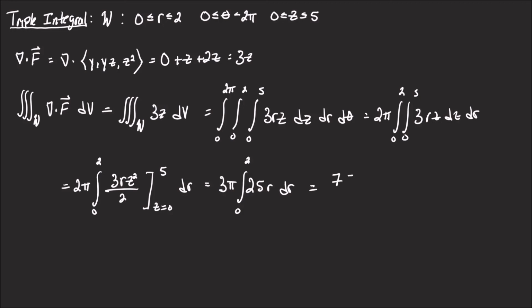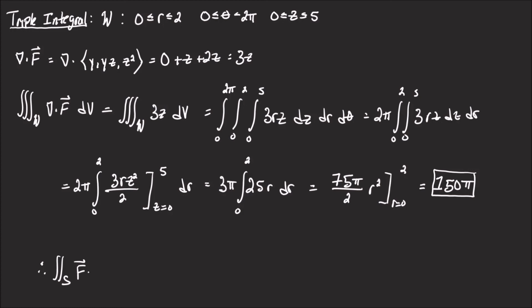This is 75 pi over 2 times r squared, r goes from 0 to 2. That becomes 75 pi times 2, which is 150 pi. And so what we have just shown is that this surface integral is equal to this triple integral, which is what we wanted to show. And so the verification is complete.